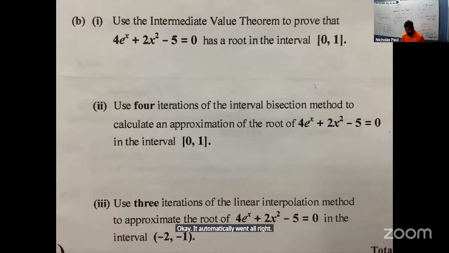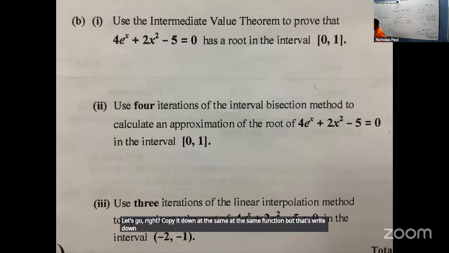So we're going to find out something. Copy it down, let's go, right? Copy it down. It's the same function, but just write down what we use in the top.